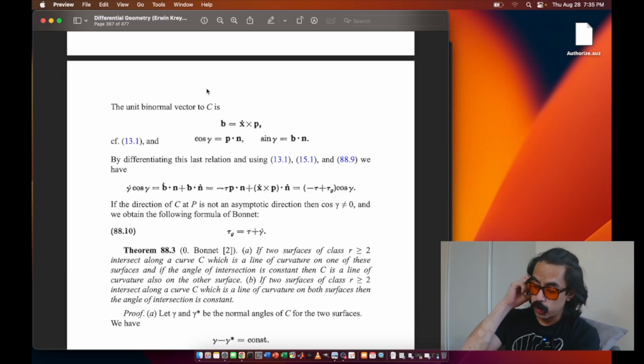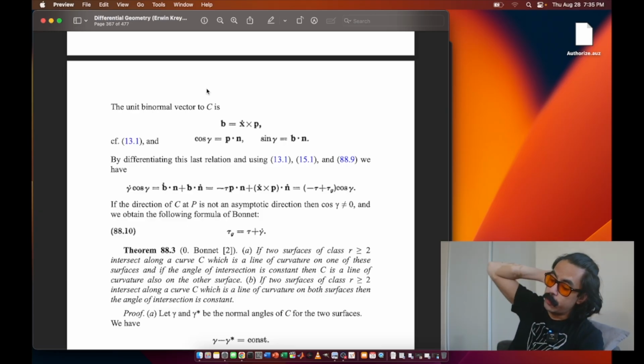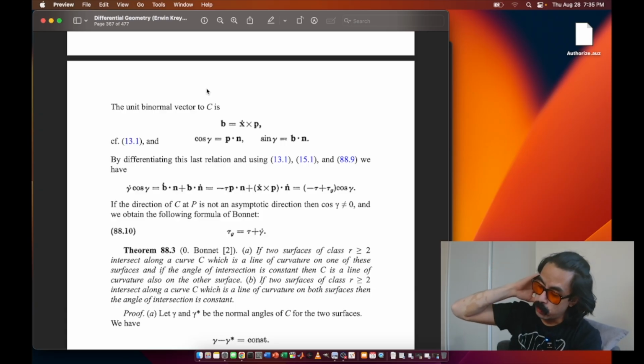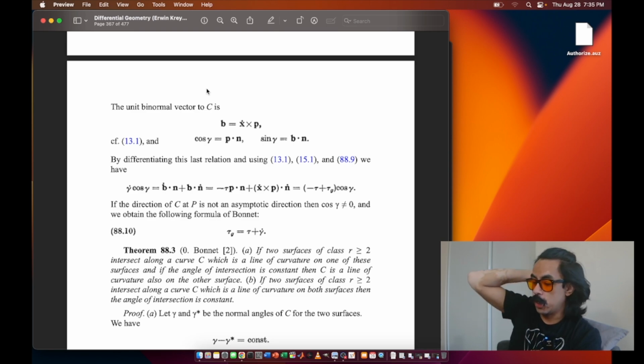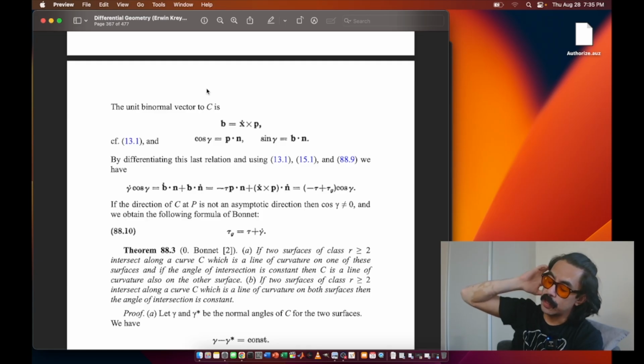This is all then equal to the quantity negative tau plus tau sub g times cosine of gamma. If the direction of capital C at this point capital P is not an asymptotic direction, then the cosine of gamma is non-zero, and we obtain the following formula of Binet, which is tau sub g equals tau plus gamma dot.